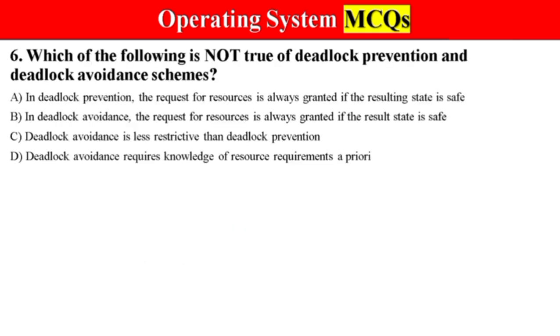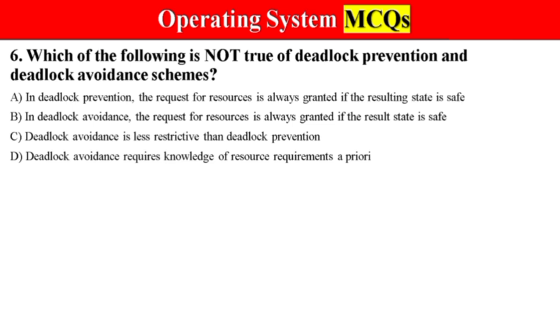Question number 6, which of the following is not true of deadlock prevention and deadlock avoidance scheme? A, in deadlock prevention, the request for resources is always granted if the resulting state is safe. B, in deadlock avoidance, the request for resources is always granted if the resulting state is safe.